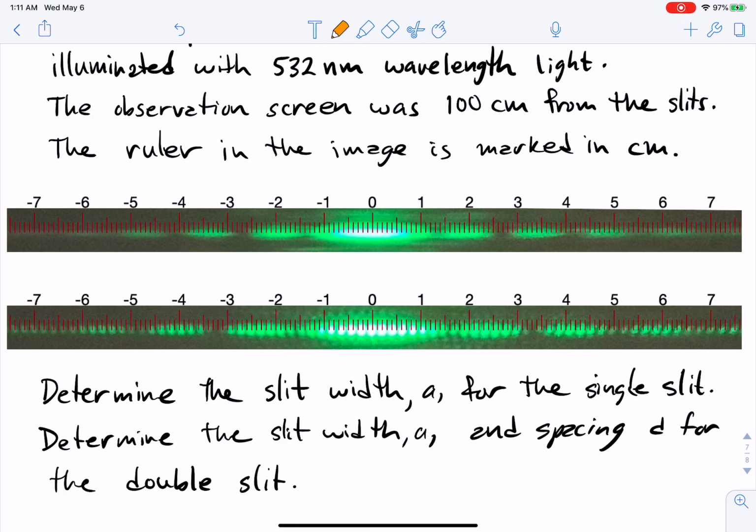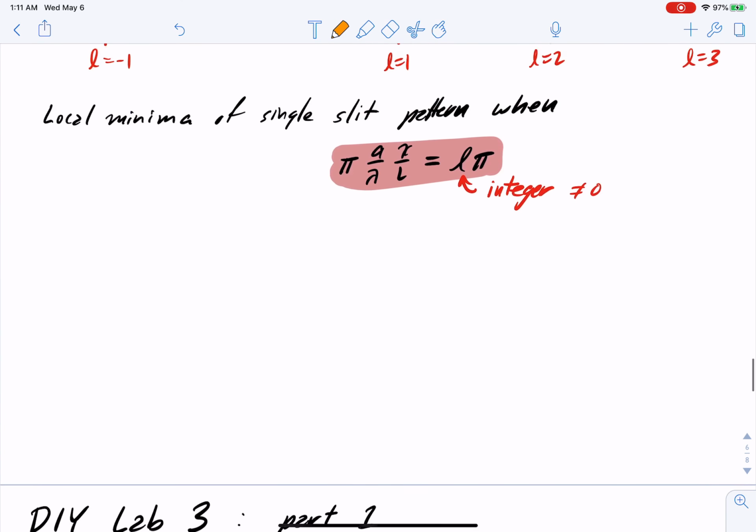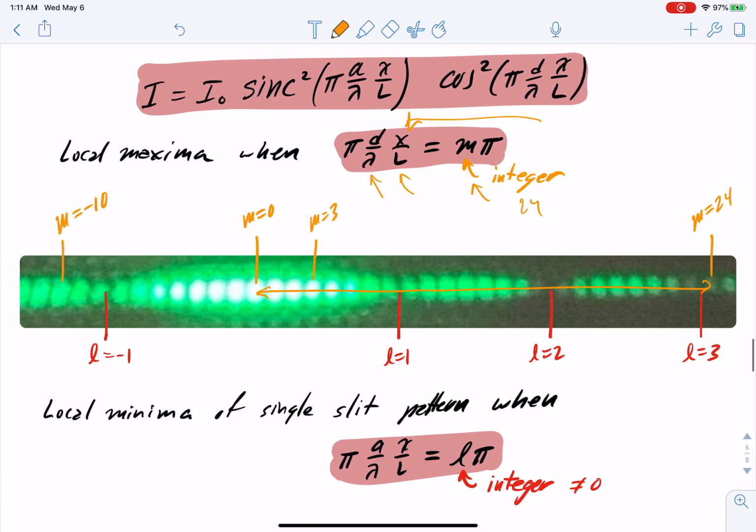And the screen was 100 centimeters away from the slits. So with that information and these two images, you should be able to determine the slit width, but also for the double slit, you should be able to determine the distance between the two slits. Okay, and again, that's just by using these observations about where the minima and maxima are in the interference pattern.